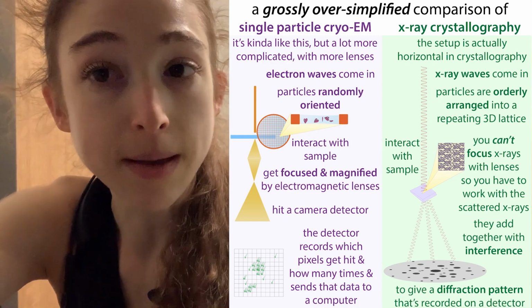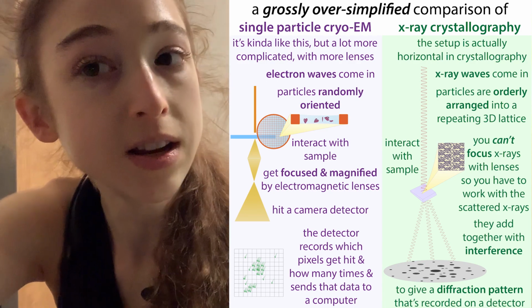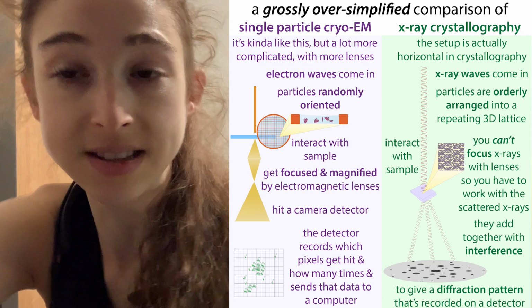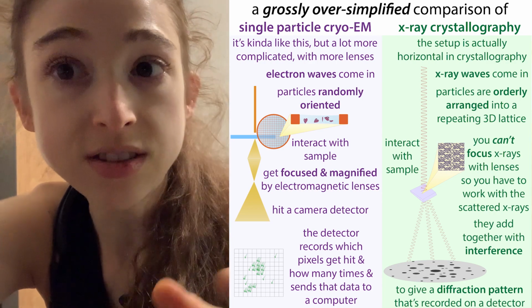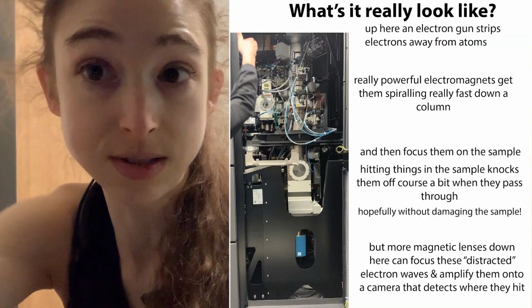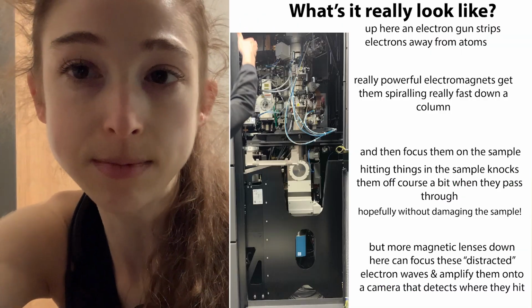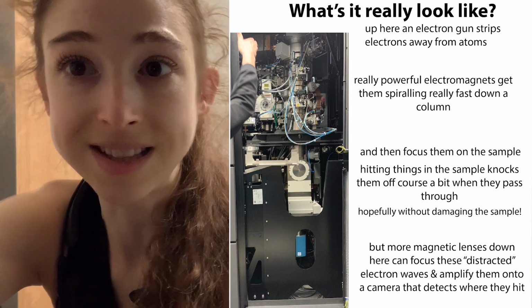With Cryo EM, with electron microscopy, you can focus the beams, but you can't do it with just glass lenses like you would with visible light. Instead, these machines use a series of magnets to focus those electron beams. So you're using magnetic lenses rather than glass lenses.